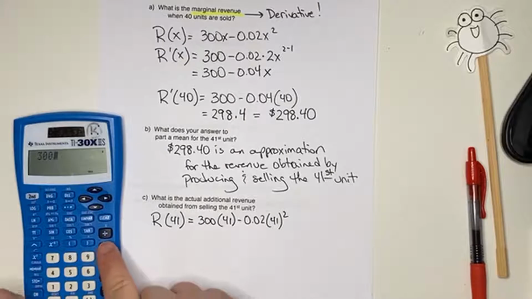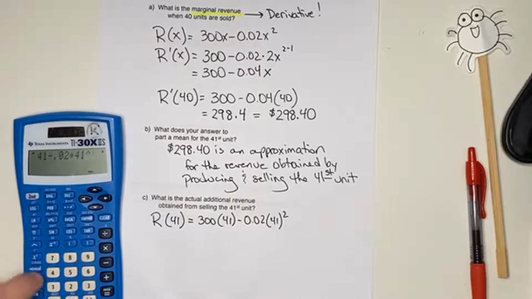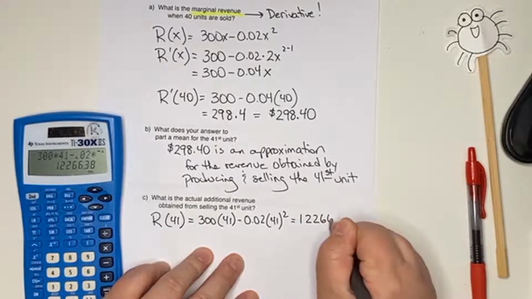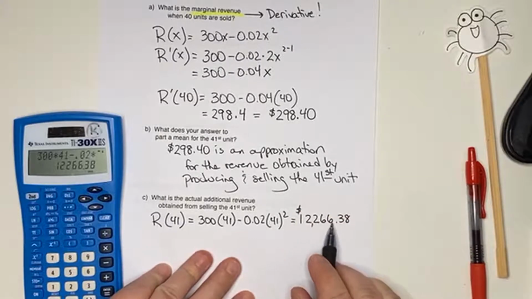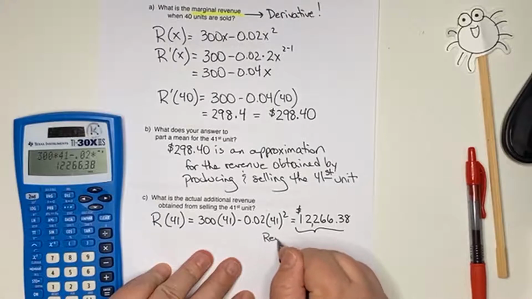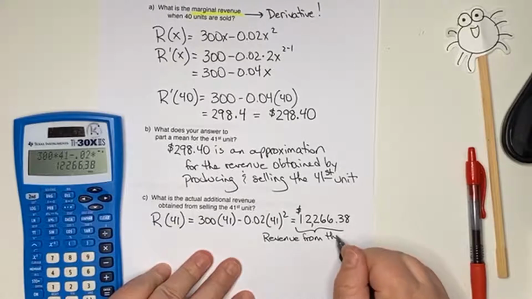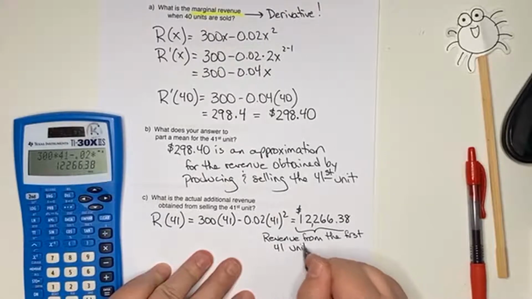So it's 300 times 41 minus 0.02 times 41 squared. Let's hope the calculator can handle this. Equals 12,266.38. So $12,266.38 is the revenue from the first 41 units.